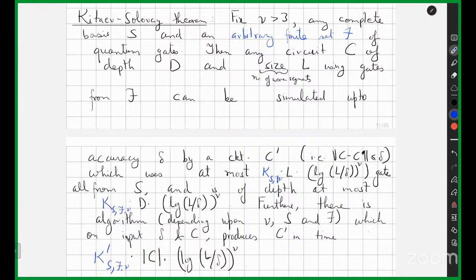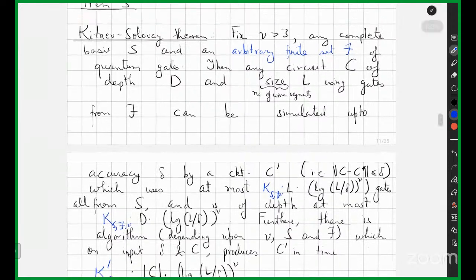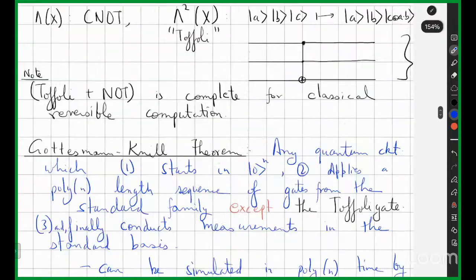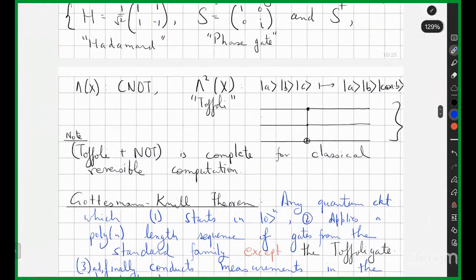For example, I wrote down only one, but you can replace Toffoli by this 5 by 8 gate. Which complete basis you choose might depend upon your implementation details. In some particular implementation, a certain complete basis might be easier, whereas for your algorithm design, something else might be easier to look at.